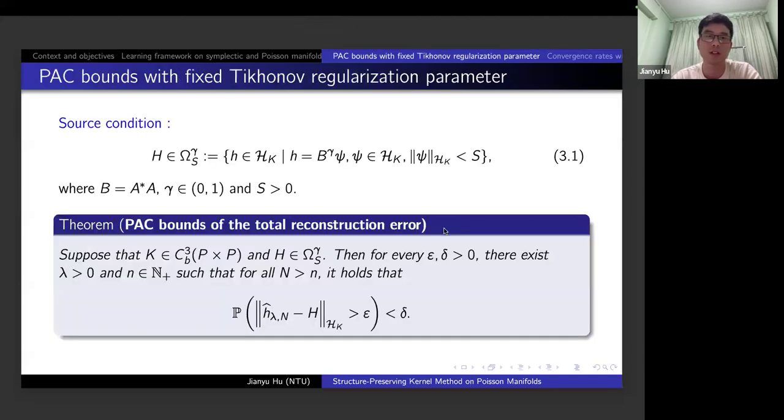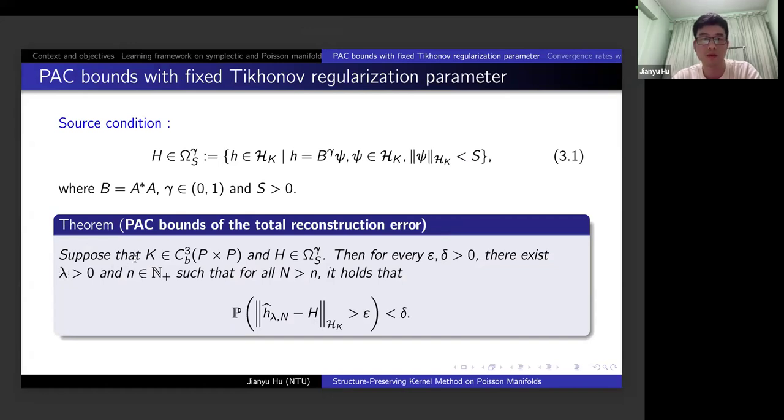Okay, the first result is the PAC bound with fixed regularization parameter. So fixed means that the parameter lambda is independent of the sample size.